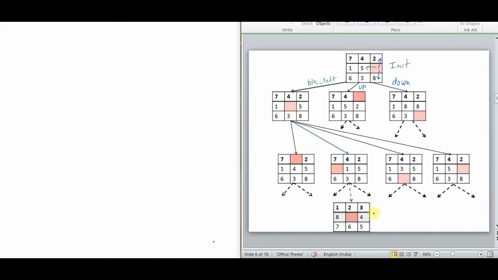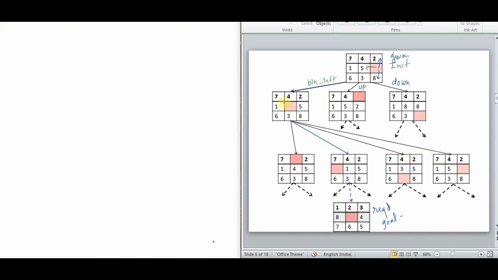I have just assumed that this was the required goal state, and this was the given initial state. This is the graph traversal, or tree traversal, that is being done. Please note, the dotted thing means there are more intermediate nodes which we are not showing. We have just shown some of them.